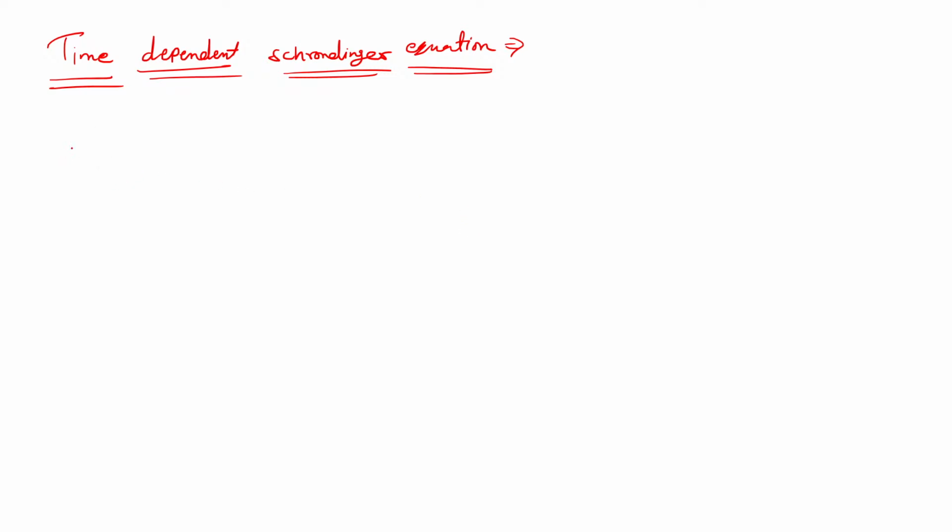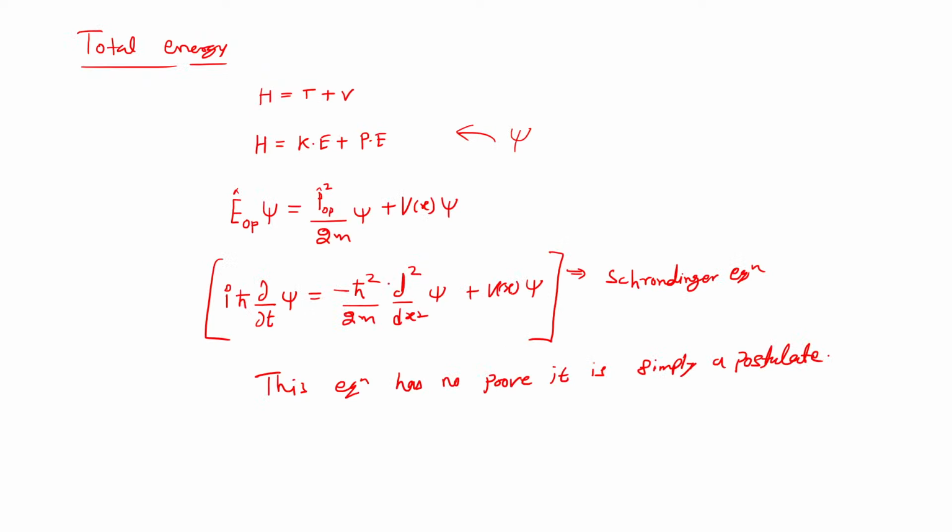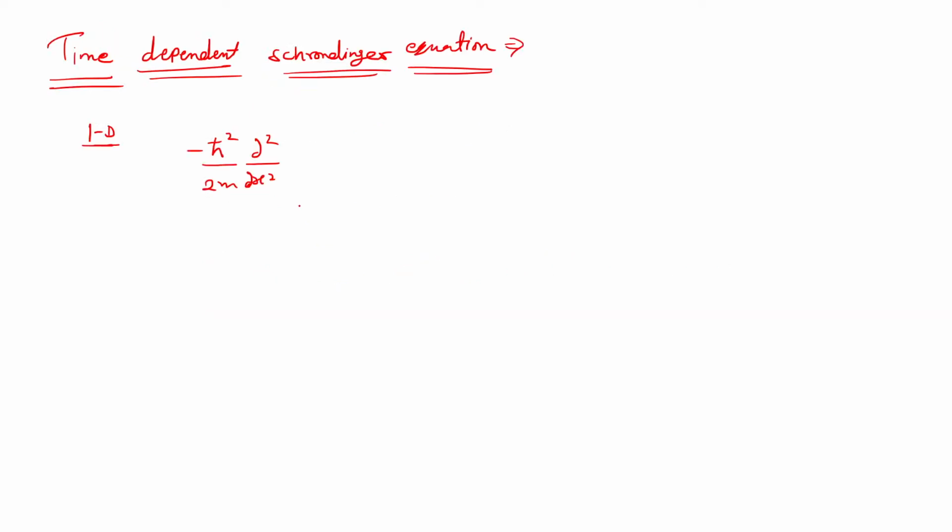So we have seen in one dimension the Schrodinger equation we can write as minus h cut square upon 2m del square over del x square. From here you can see this psi. Then you have V(x) psi.